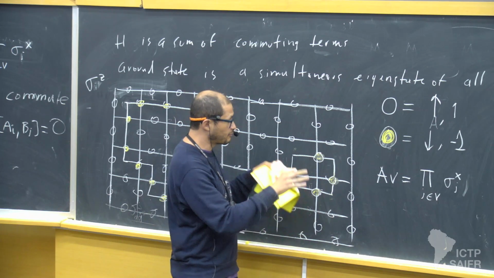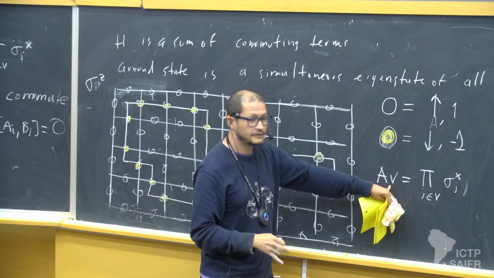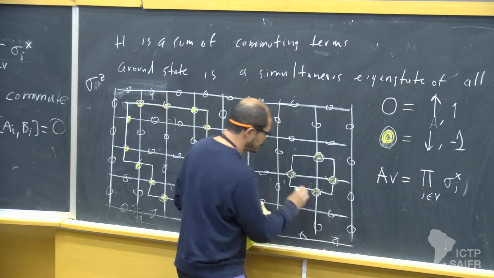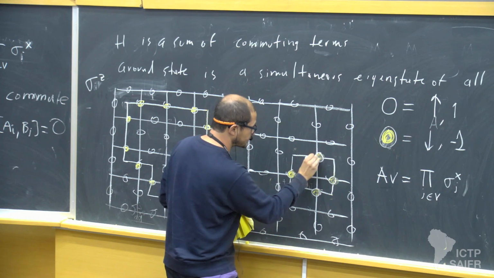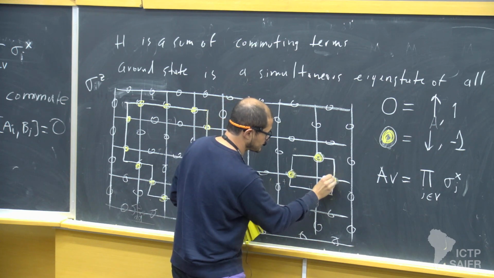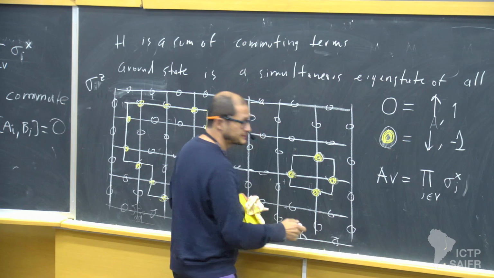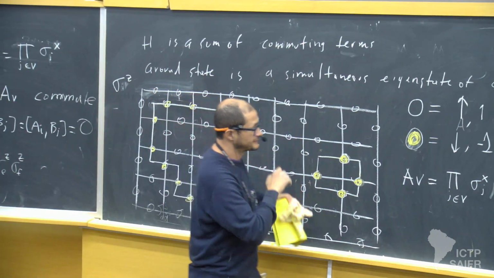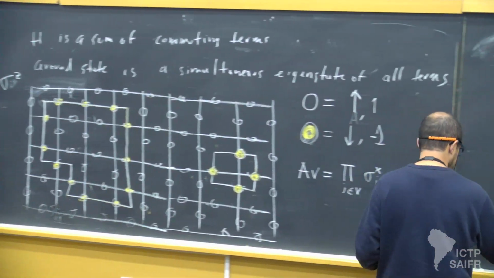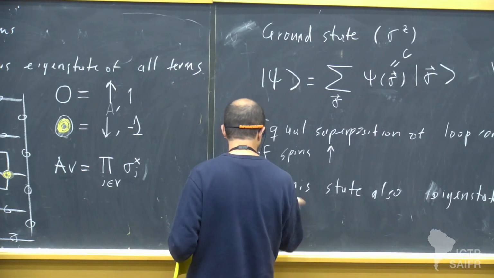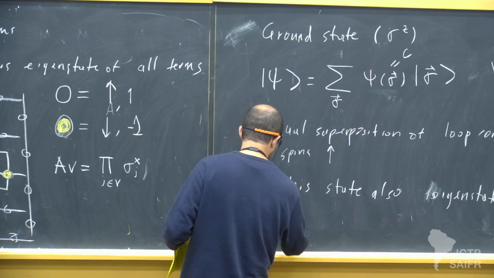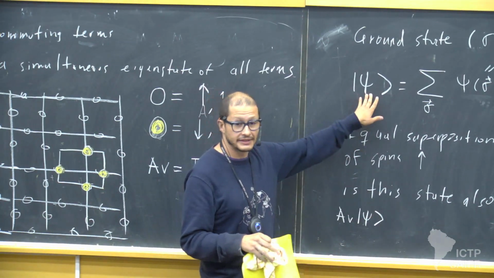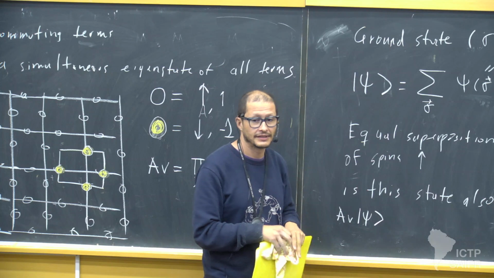So if we apply a V to this configuration, for instance, you would be flipping the spins in this plaquette, right? And so if you apply this to the ground state, what would you get?